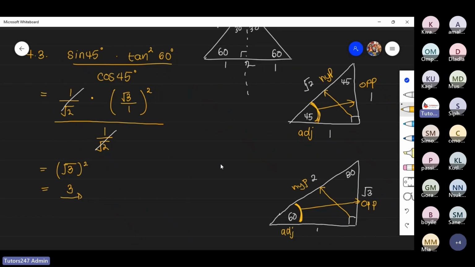If you wanted to use your calculator, I would not recommend putting the entire thing into your calculator and then just writing a final answer. Number one being you will not get the full marks for it because the steps have marks. And number two, everyone will be able to see that you used the calculator automatically for that. So if you want to be smart and use a calculator, just put sine 45, write the value, put tan of 60, write the value, then put the squared outside.